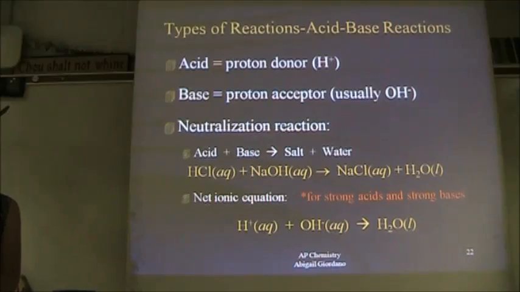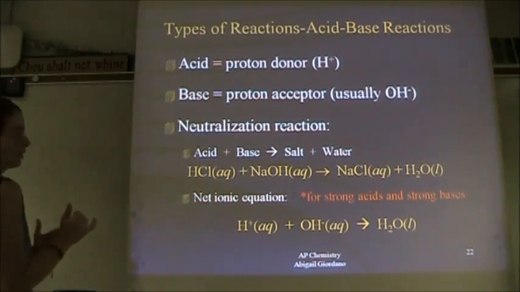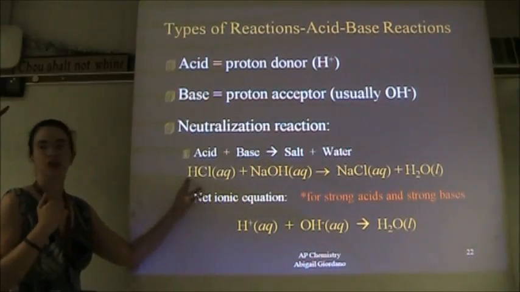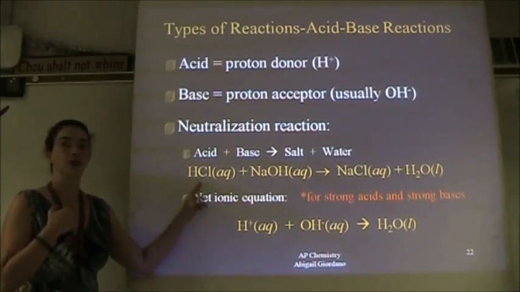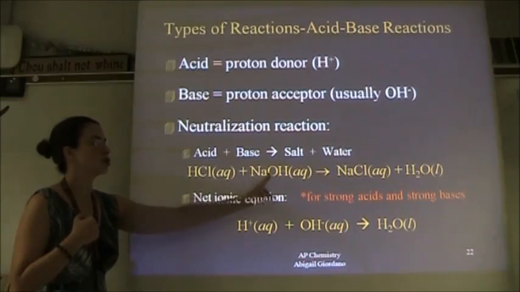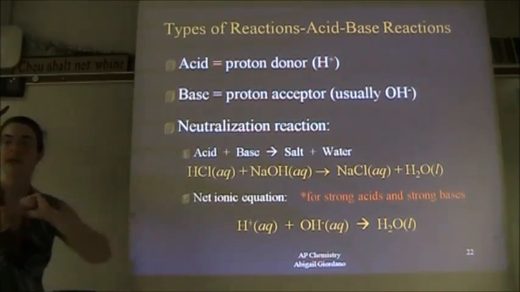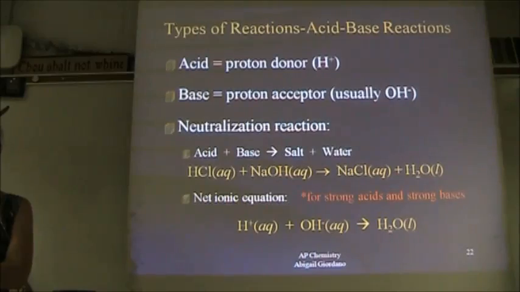Now, let me say something that I said to you last class. On our next test, you will be given problems in the free response where I give you reactants in words only, and your job is to get down to the net ionic equation. If you come across a situation where it's strong acid plus strong base, save yourself some time on your test.